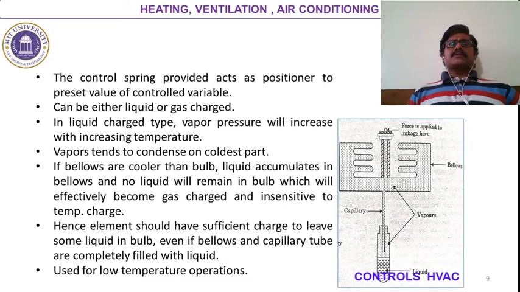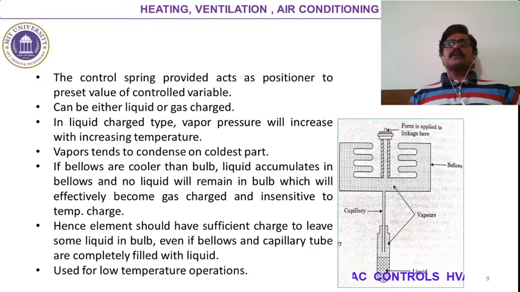So this vapor tends to condense on the coldest part, and if the bellows are cooler than the bulb, which is at the bottom side of this arrangement, then the liquid will accumulate in the bellows in the upper part, and no liquid will remain in the lower part, that is in the bulb, which will effectively become gas charge and insensitive to the temperature.